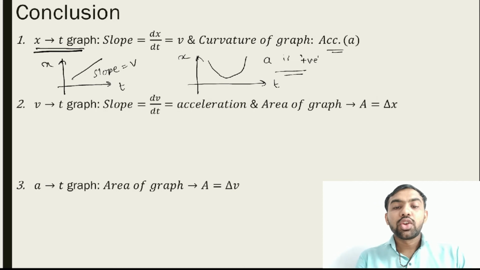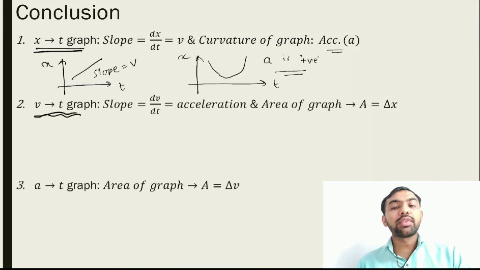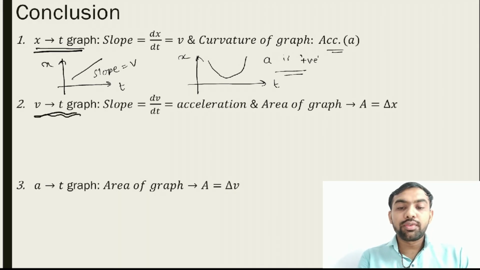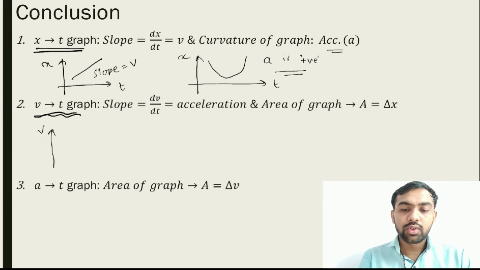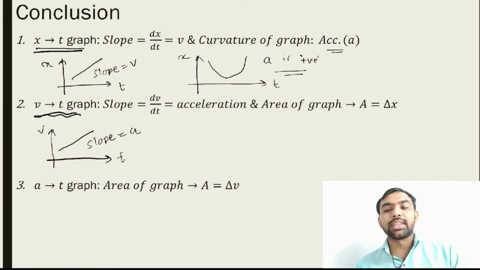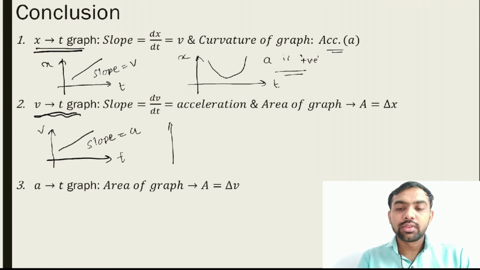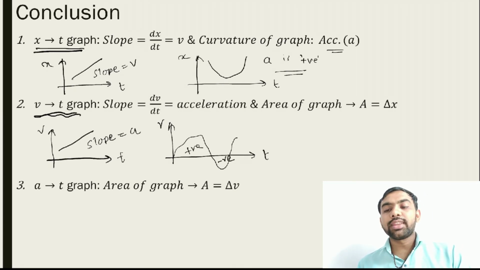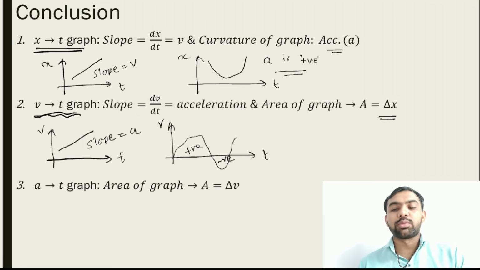Okay, second one, v versus t graph. If the v versus t graph is given to you, then you find the slope. V versus t graph, you find the slope, then slope is equal to what? Acceleration. मतलब आपको उसमें एक्सेलरेशन मिलेगा. And you find the area. Find the area, that is positive area, that is negative. If you find the area, then area gives us displacement.